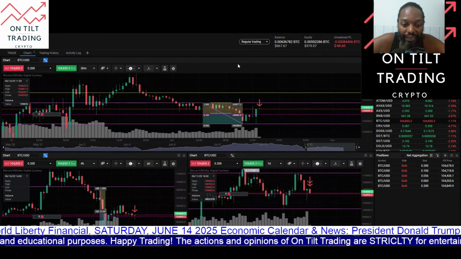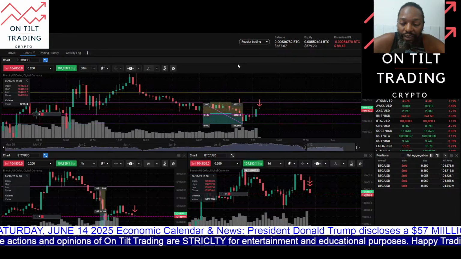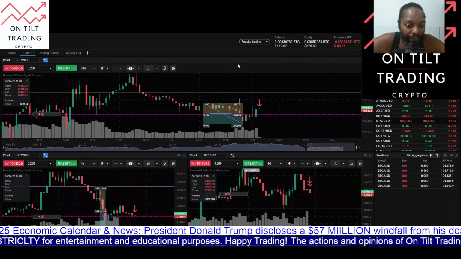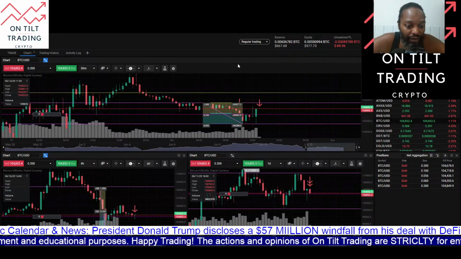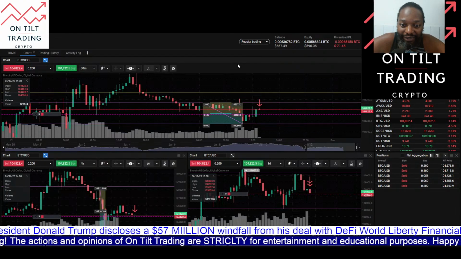So now starting to do a better job of targeting liquidity and targeting better entries, and hopefully this trade will be the start of doing things a bit better here.